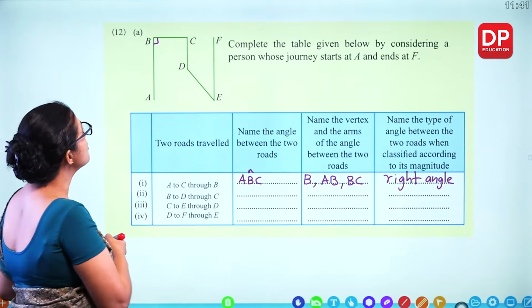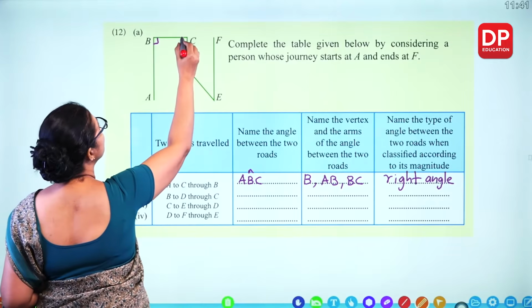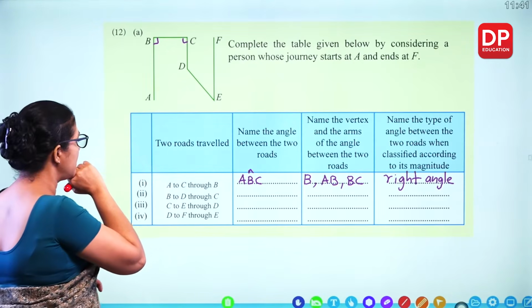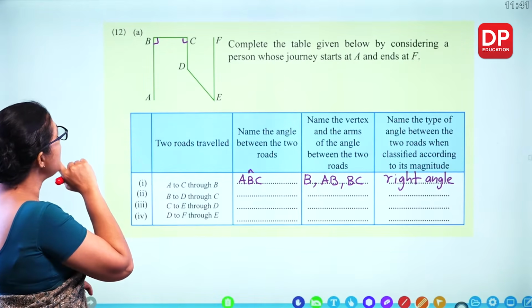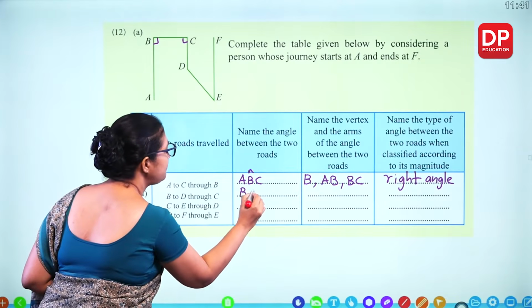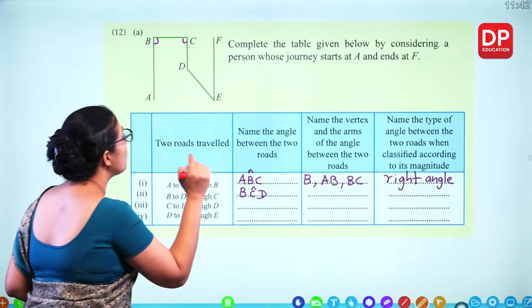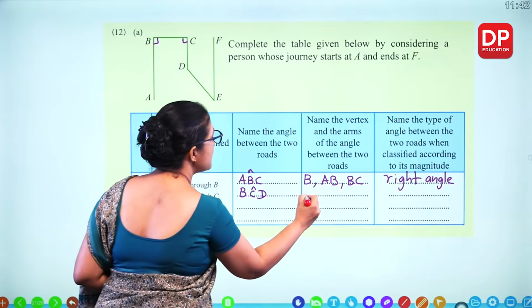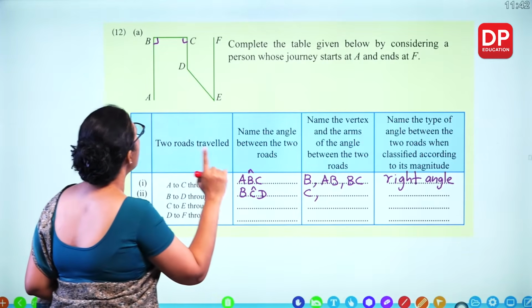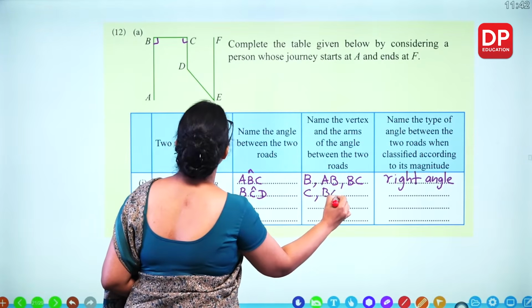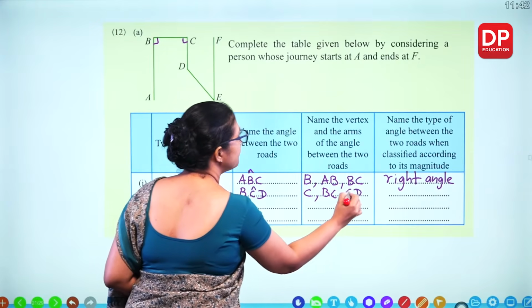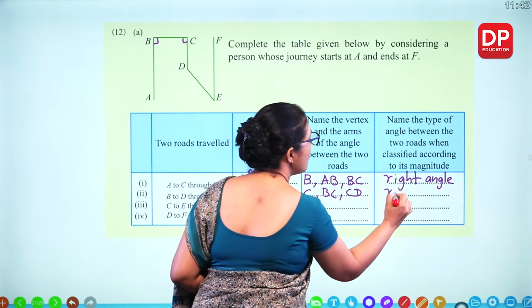B to D through C. Here, this is also 90 degrees. So what's the angle? BCD. What's the vertex? C is the vertex. Arms are BC and CD. And that's also a right angle.